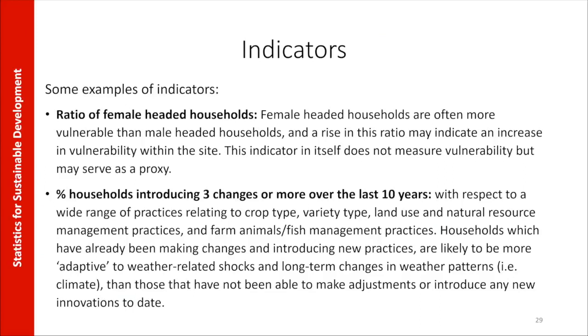Second indicator, percentage of households introducing 3 changes or more over the past 10 years. And this gives an idea of whether the farmers are already changing their farming practices in order to cope with adverse climate or adverse shocks, or they are adapting to the new conditions.